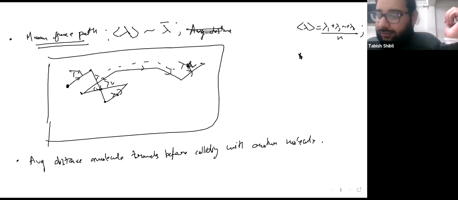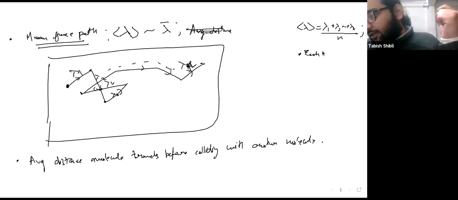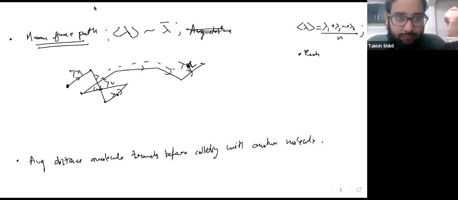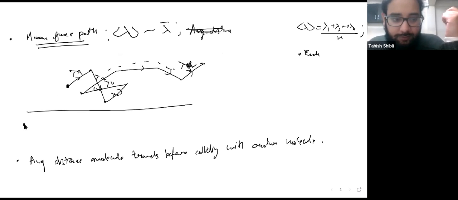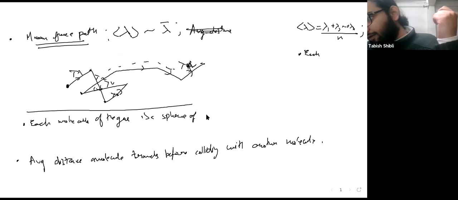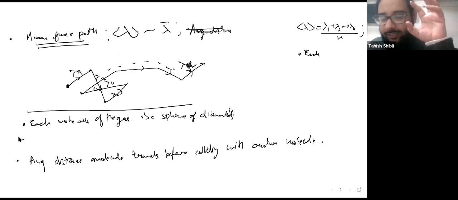What are we assuming here? We are assuming two things specifically. First of all, each molecule of the gas is a sphere of diameter d. These are all spheres of diameter d.